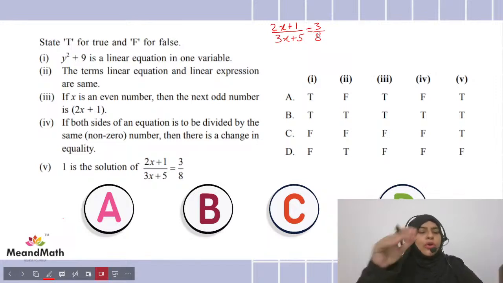What you need to do is cross multiply it. I'm waiting for your answers. Let's try to do it. Here we need to multiply 2x plus 1 with 8, and 3x plus 5 we need to multiply with 3.